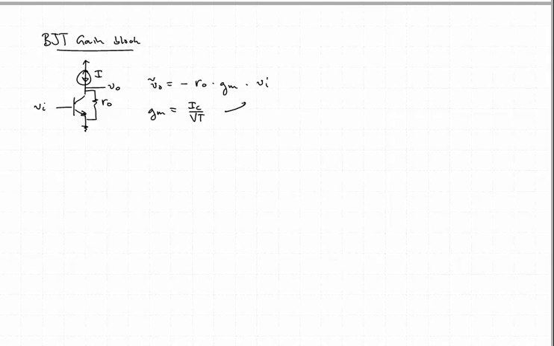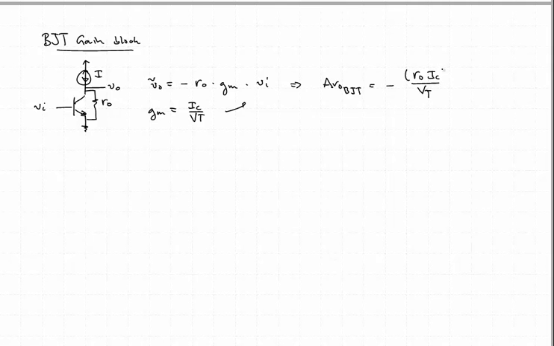So if we plug this in, we get that AVO for the BJT is equal to minus RO IC over VT.